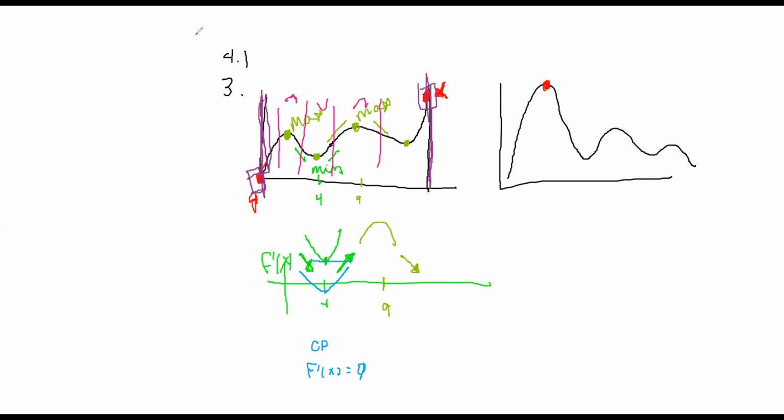If I were to say very generically, I'm not evaluating any endpoints, it's just going into infinity, then there would be no min, because these would both go to negative infinity. So there would only be a global max here.